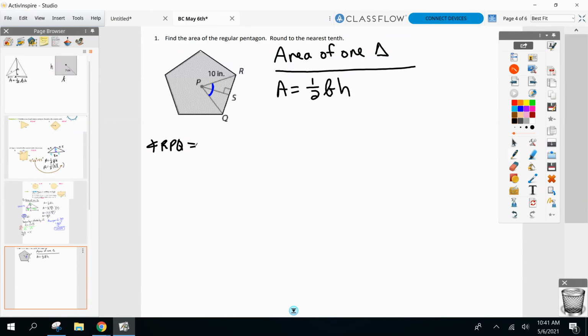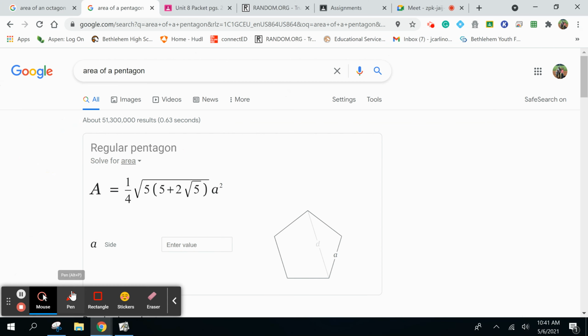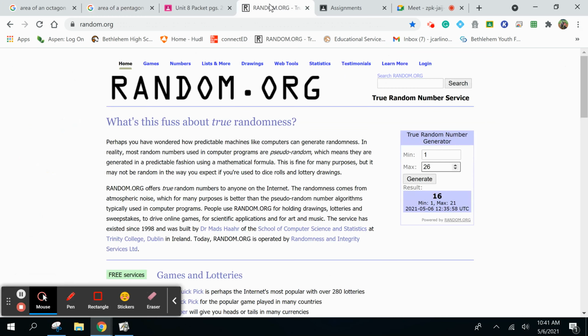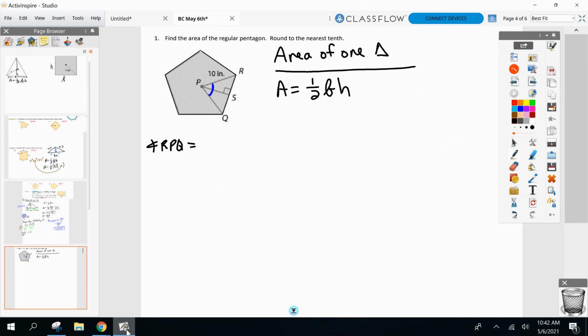Angle RPQ. Little help. That son of a gun got it off on that one. 0 for 2. Come on. There we go. Owen, can I get a little help finding angle RPQ?